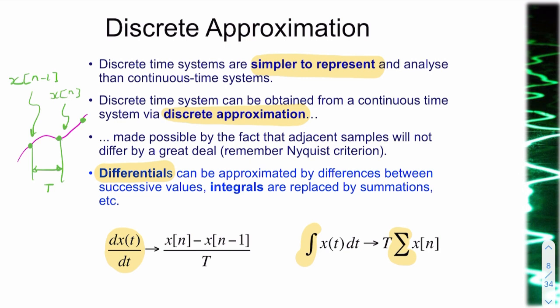Then subtracting the two and dividing by this time will give an approximation for the rate of change, or the gradient there. So this is an approximation.